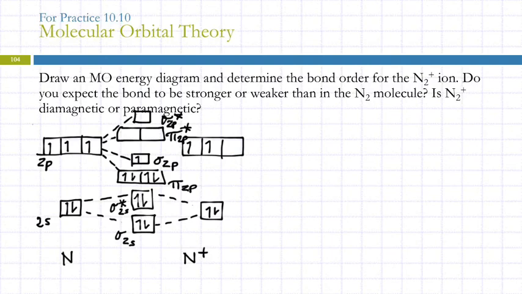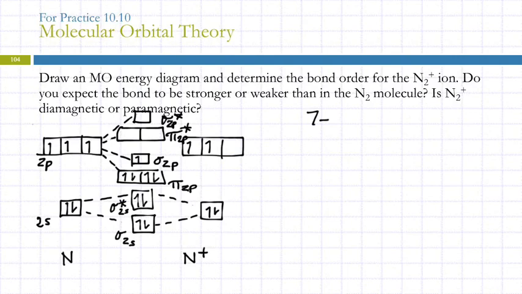So now the questions about this. Determine the bond order. So bond order is the number of electrons in bonding orbitals. So this is a bonding orbital, and these are bonding orbitals, and that one's a bonding orbital, the ones without the stars. So we've got 2, 4, 6, 7 in bonding orbitals.